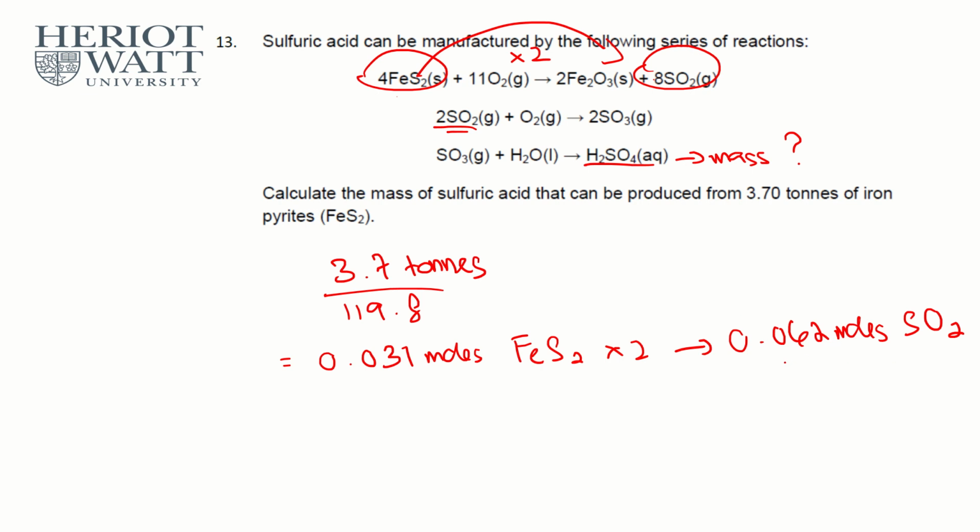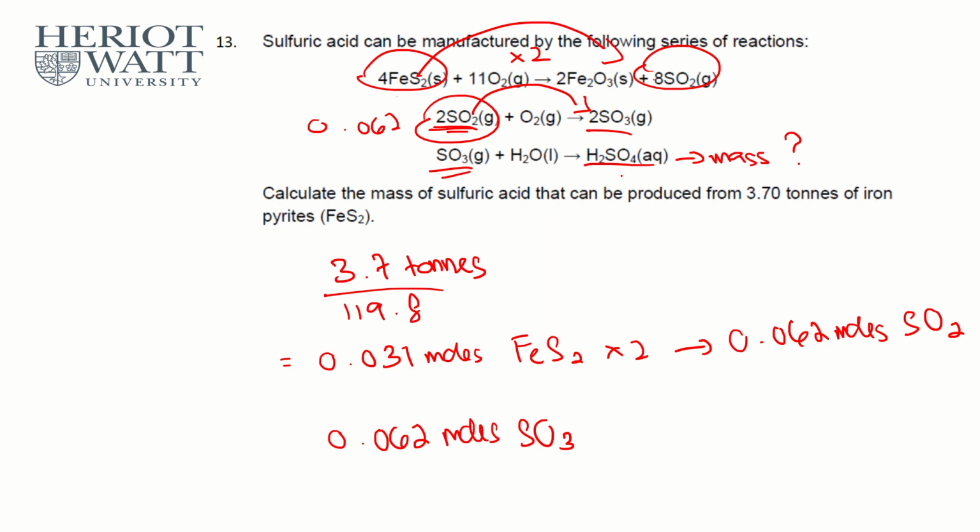So we have 0.062 moles of SO2. Convert to SO3: 2 to 2 means 1 to 1. So I'm getting 0.062 moles of SO3. How many moles of sulfuric acid? 1 to 1, which means I have 0.062 moles of H2SO4.